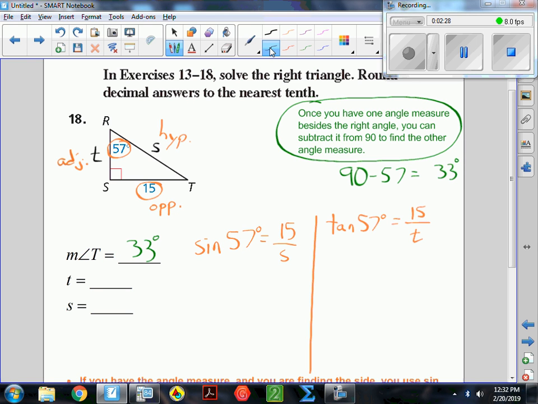For the first one, sine 57 equals 15 over S. I'm going to show you the two steps that get you to what you want. We multiply by the denominator so that it cancels out. We don't want to have the variable on the bottom of the expression. That's going to give me S times sine 57 degrees is equal to 15. And then I want S by itself, so I need to divide by sine 57.